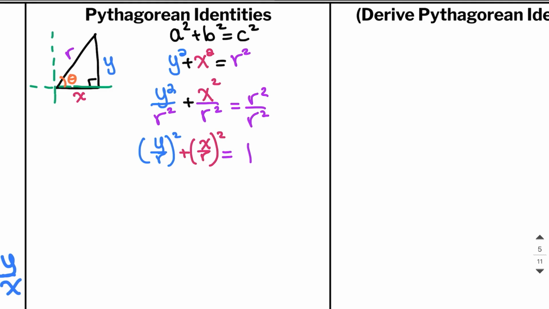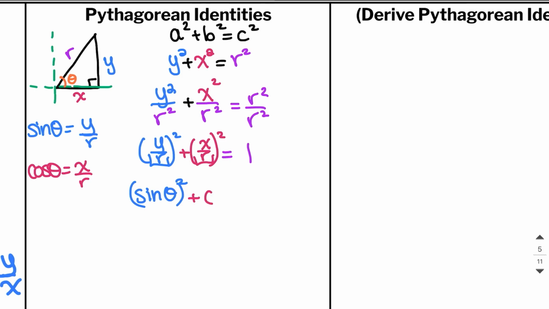If you remember, the sine of theta is always going to be y over r, and cosine of theta is always going to be x over r. So this means that this is going to be sine of theta, squared, plus cosine of theta, also squared, and that equals 1.